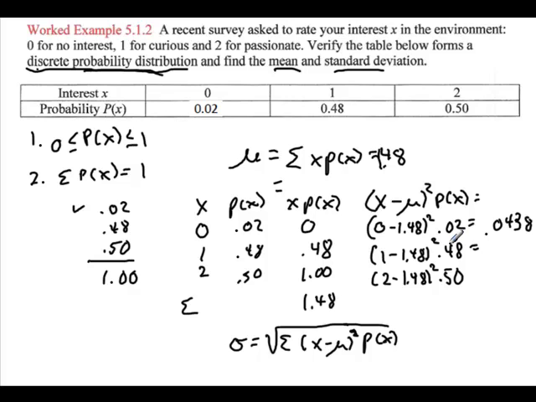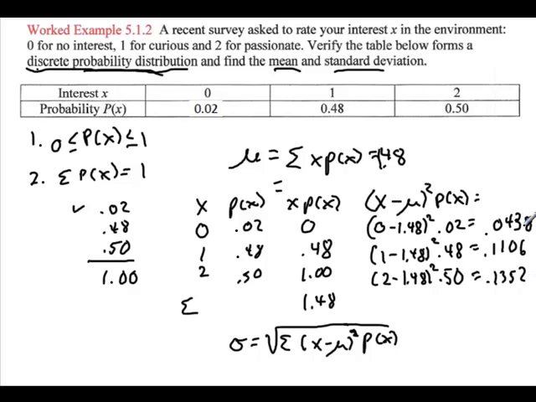And you should confirm this on your calculator, that to 4 decimal places, you get 0.1106 if I approximate. And finally, I'm going to take 2 minus 1.48, and I'm going to multiply that by 0.50.